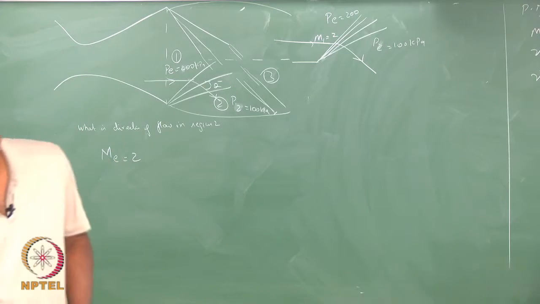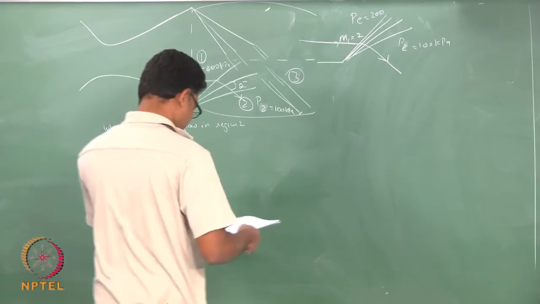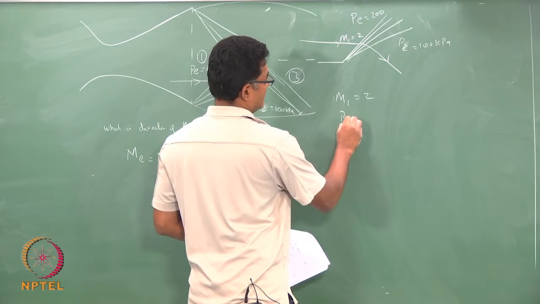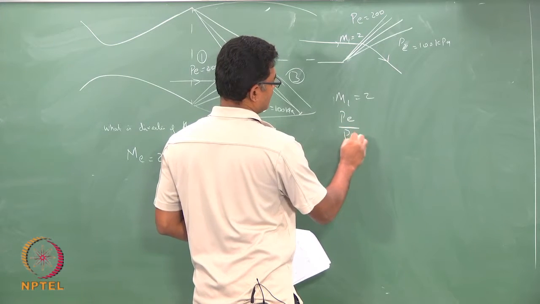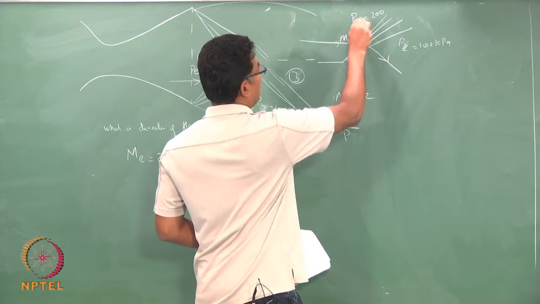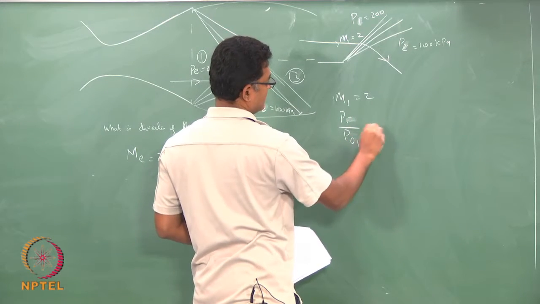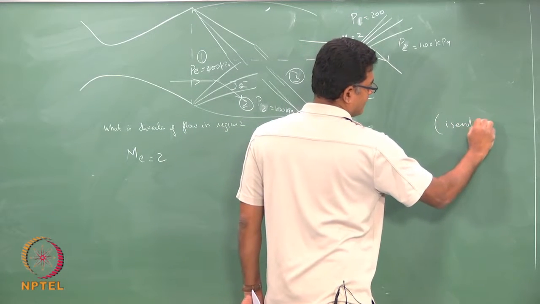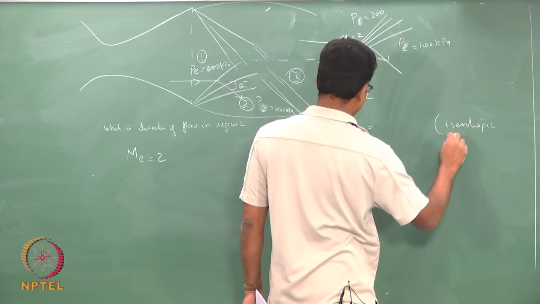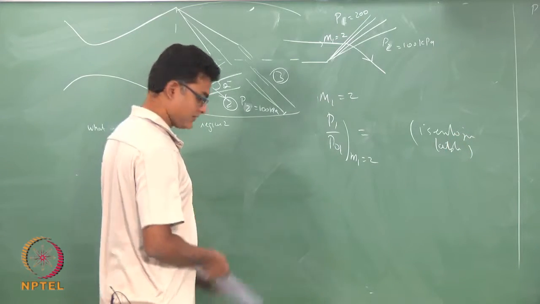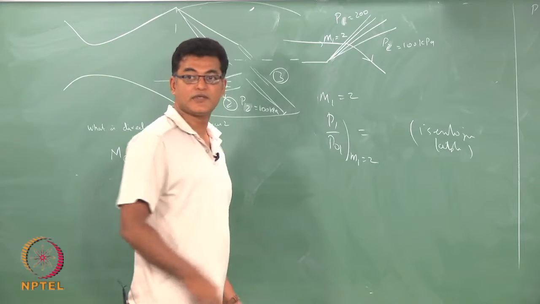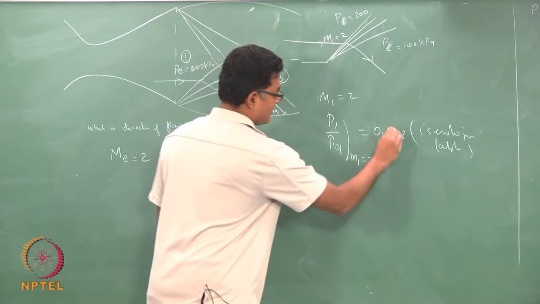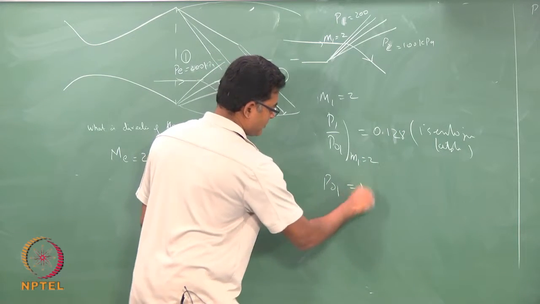So, P0 we can evaluate. I can find P1 by P01 from the isentropic tables or from the relation, which by now we should have by heart, which is 0.138, from which you can get your P01.